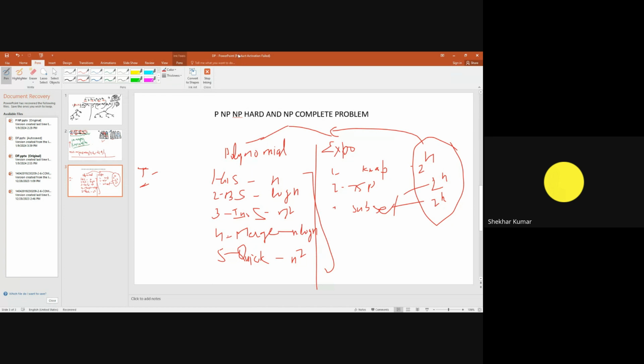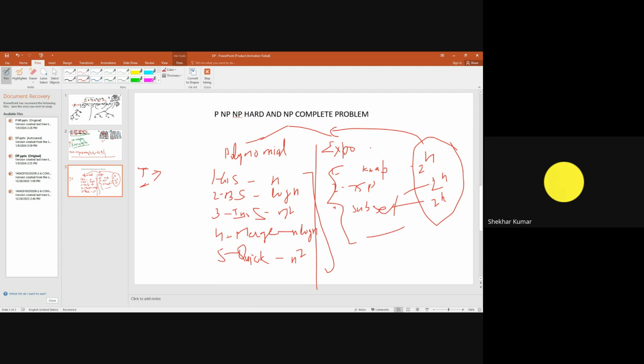So if we are not able to find the solution, what should we do? The first objective is just to try to relate all the problems on this side and find the relationship between these problems.